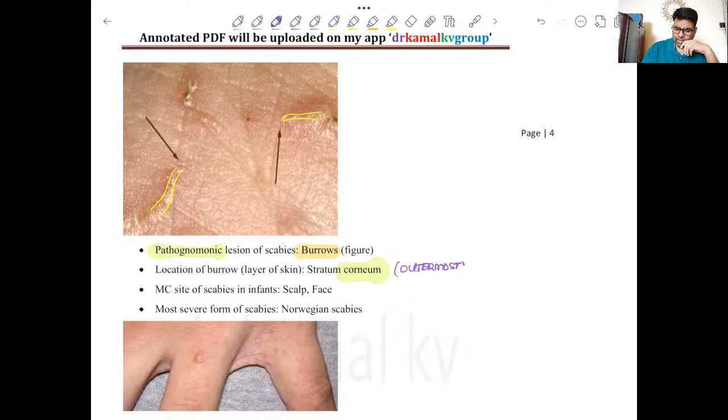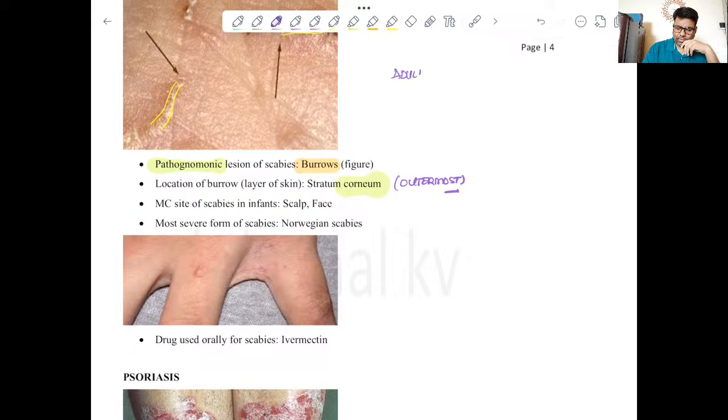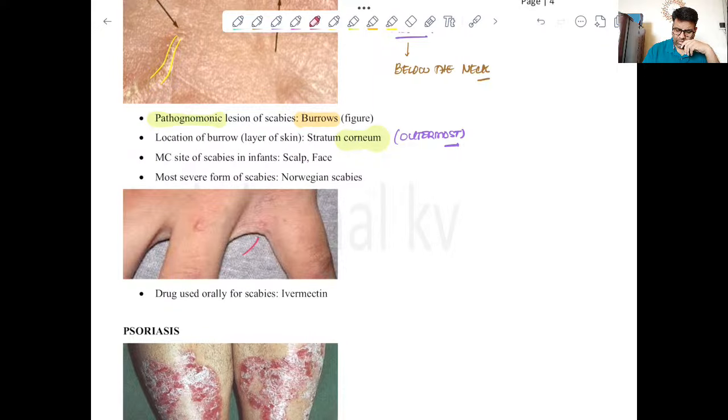Now in adults, it usually affects the areas below the neck. Clear? So it can affect web spaces, groin; like you can see here, it is affecting the web space, right?